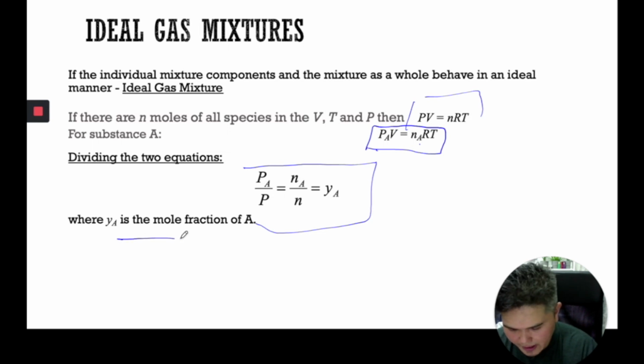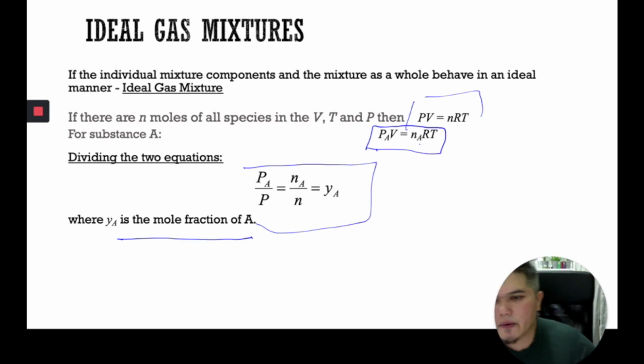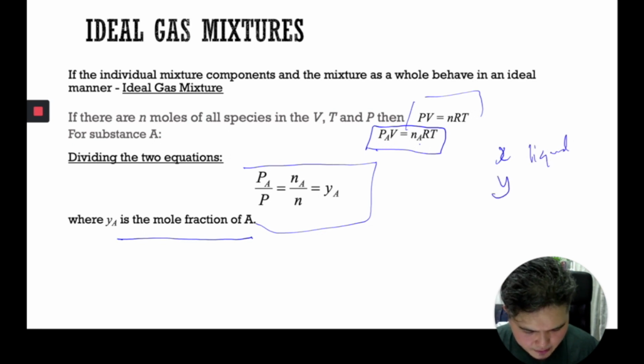So YA is the mole fraction of A. This is how you get the term YA, which we call the mole fraction of the gas component. Usually we use X for the liquid phase and Y for the gas phase.